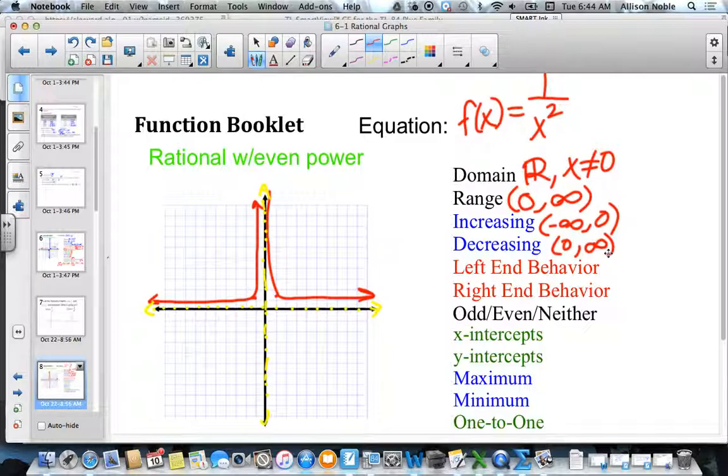Our left end behavior, so as we look to the left, our graph is approaching 0. So the limit as x approaches -infinity of f of x would be equal to 0.